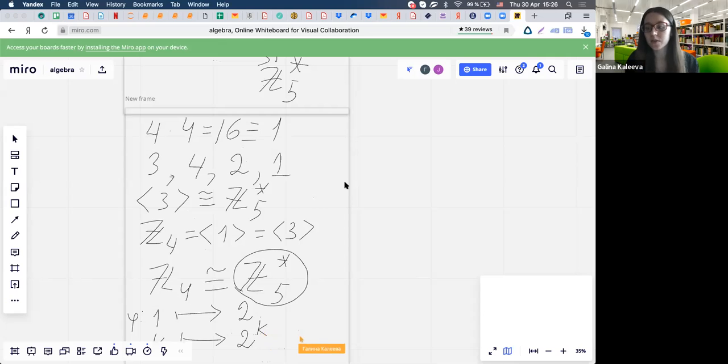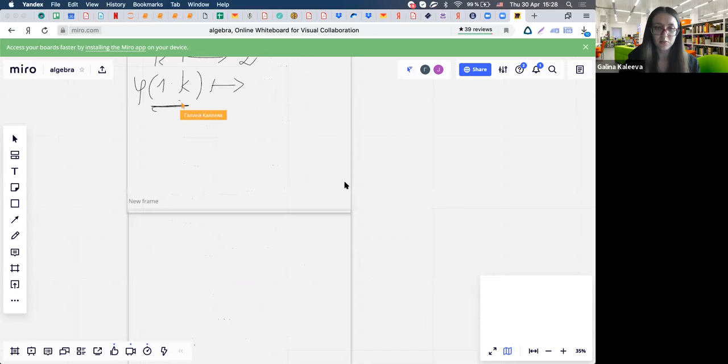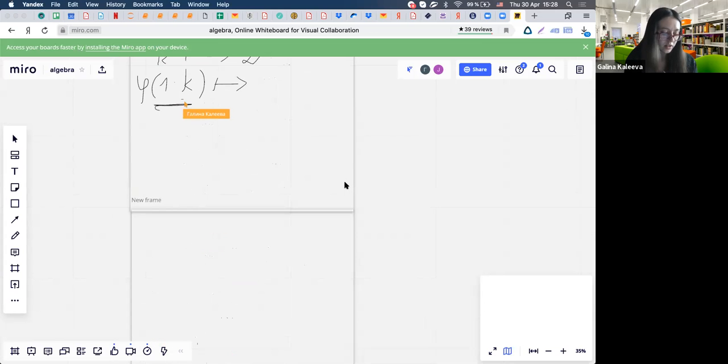It's a homomorphism because we built it this way: phi of k goes to, this is a power in additive notation, you see? So that goes to 2 to the k's power.